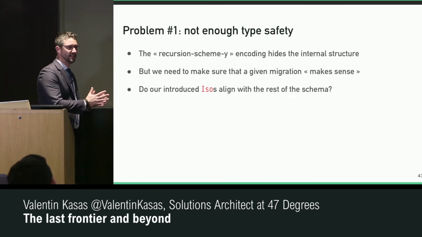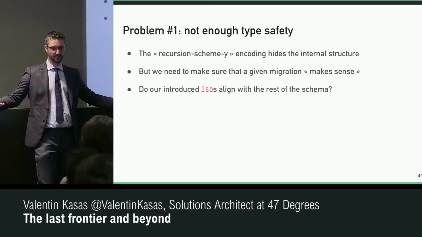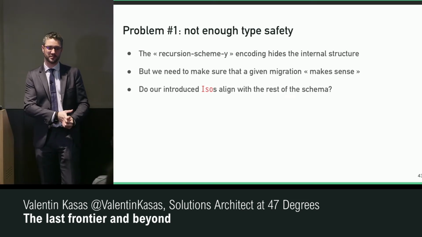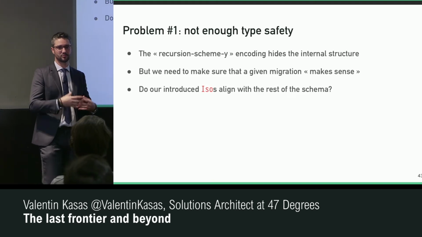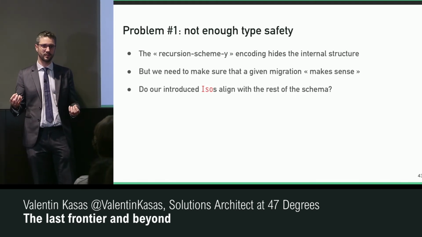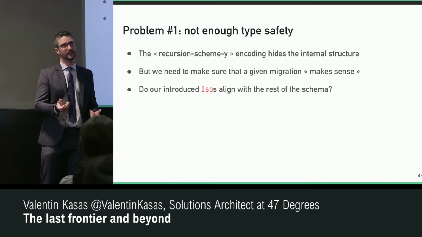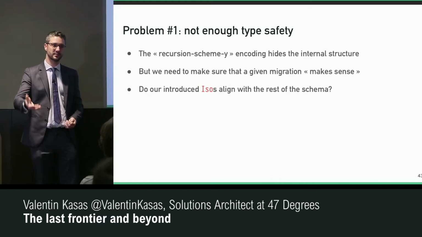The problem is that using recursion schemes, and that's why people use recursion schemes, I lose the structure of the schema; the structure of the schema is not reflected in types.